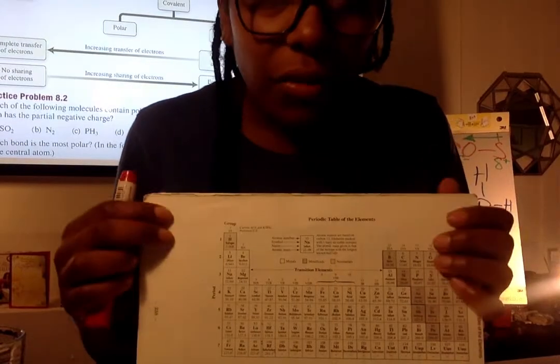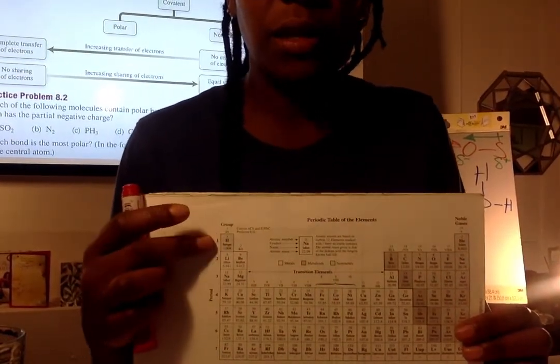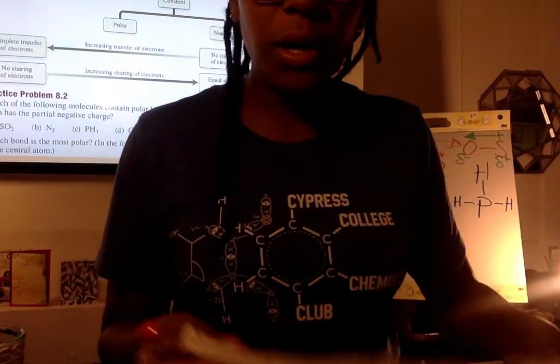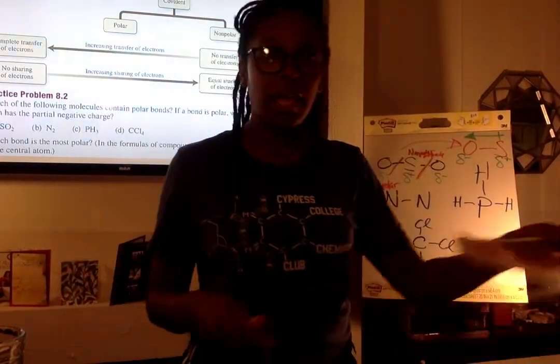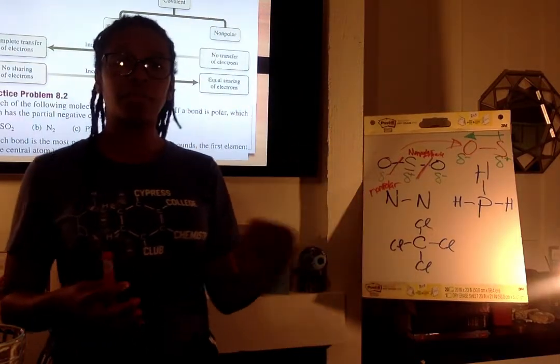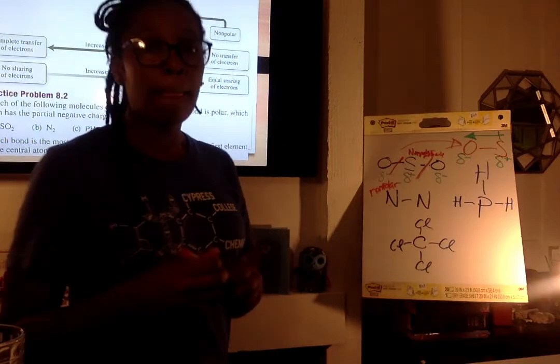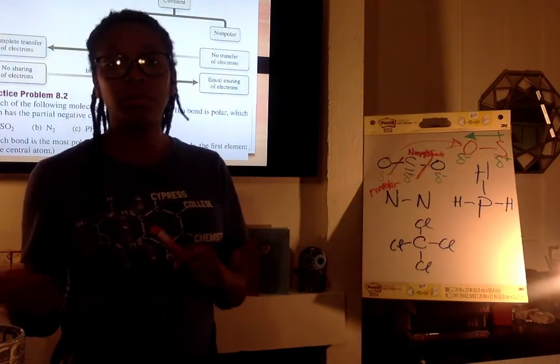Just know that hydrogen is always going to be the less electronegative atom. No matter what compound you're looking at, hydrogen will always be the least electronegative atom there is. So if there's anything trying to connect with it, it will automatically have a pull.